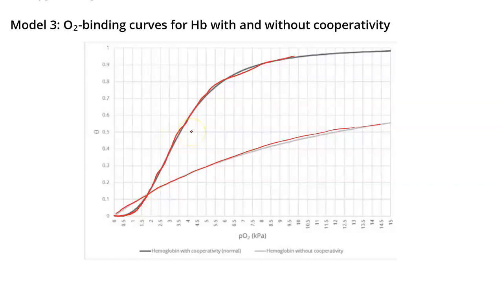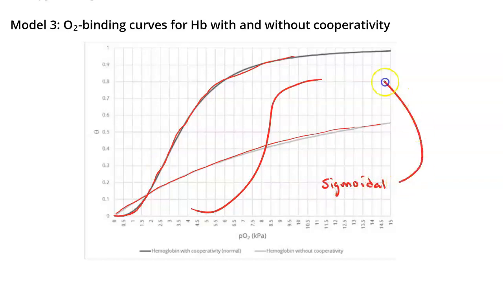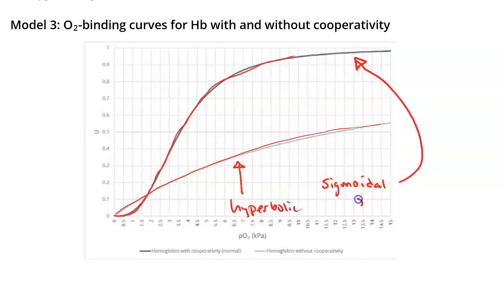That makes it, if you look at it on its side, look like an S. And this kind of curve shape is referred to as sigmoidal. So this curve is sigmoidal, and this curve is a saturation curve or hyperbolic. Sigmoidal from the Greek letter sigma, usually the lowercase sigma here. Sigmoidal meaning S-shaped. All right? So there's some terminology.